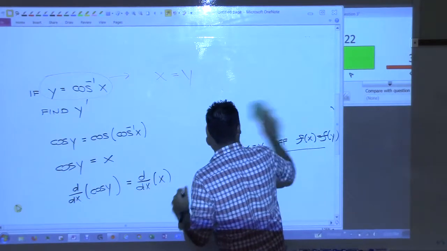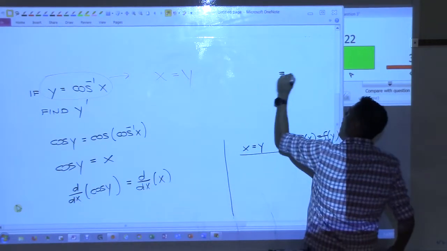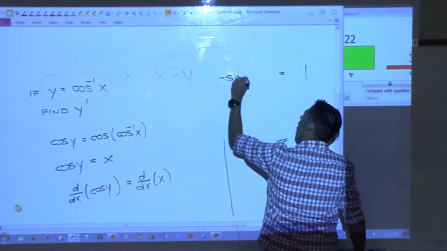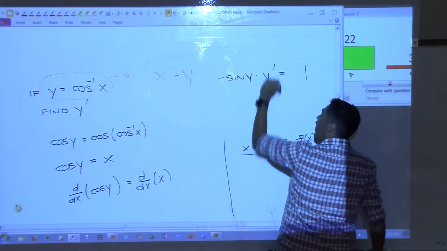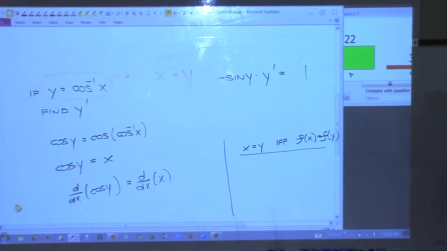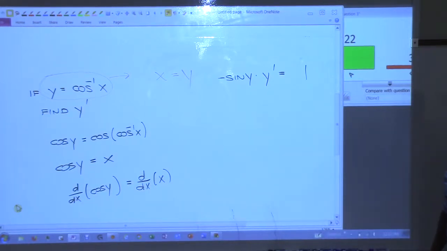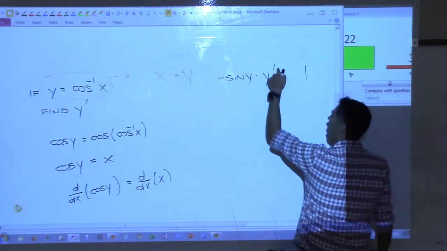What about my left side? Negative sine y. And then you want to use y prime instead of dy dx? That's fine. I like that, that's what I would prefer. And then now we just do what? Divide through, solve for y prime.